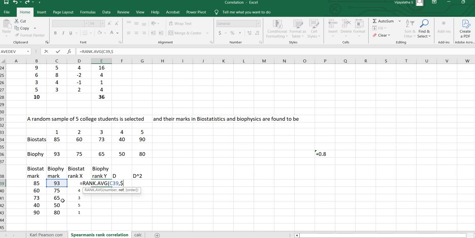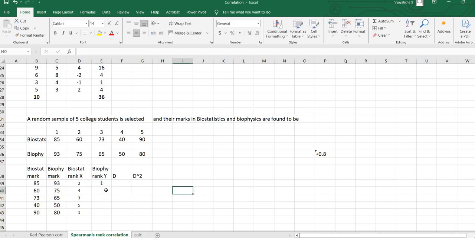So dollar C, dollar 39, and it has to consider till C43, so dollar C, dollar 43. This is the range that has to be considered. Then I need it in descending order, so I put 0 and close the brackets. So I have got the rank as 1 for this. Now I just apply the same to all.